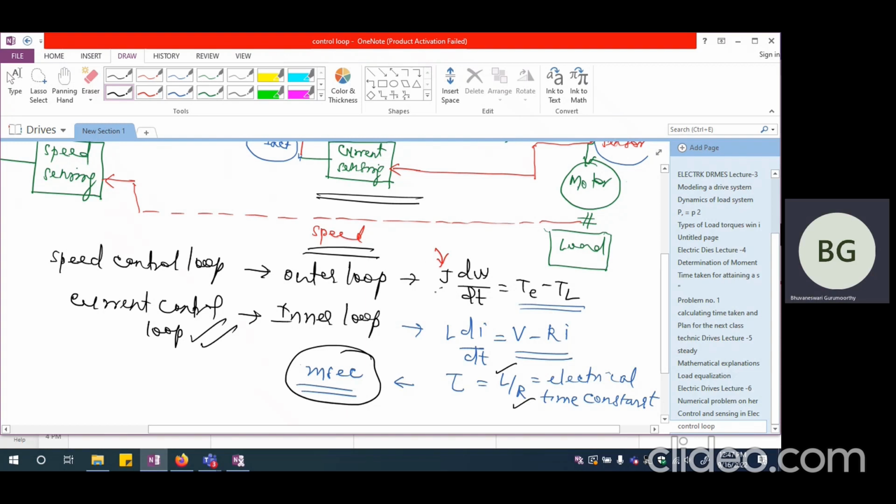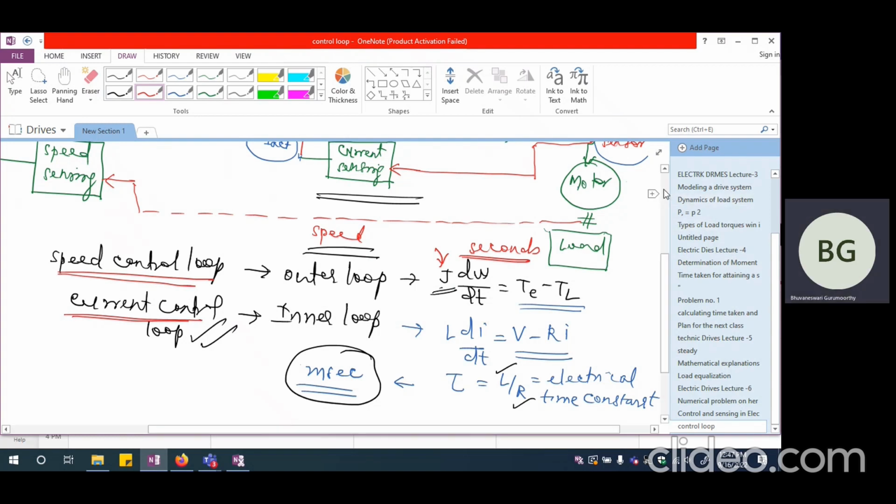Whereas here, what I have is the moment of inertia of the mechanical system. So the response time here could be of the order of seconds or even sometimes tens of seconds. Generally, the speed control loop is going to take a while before it responds, whereas the current control loop will respond within the order of a millisecond.